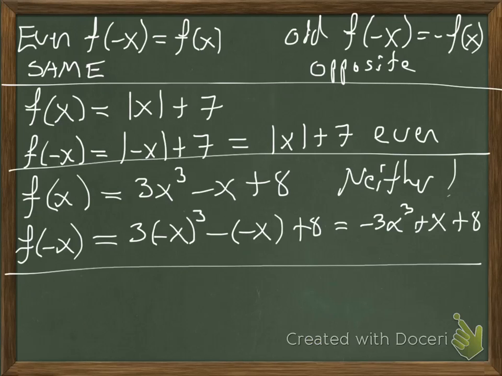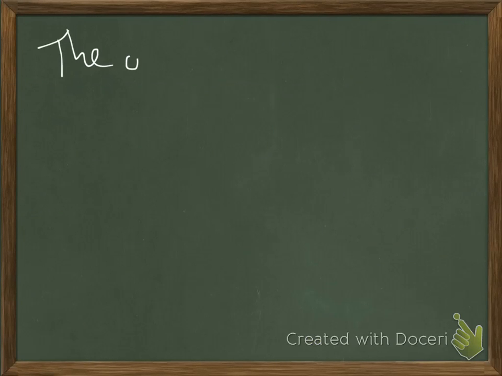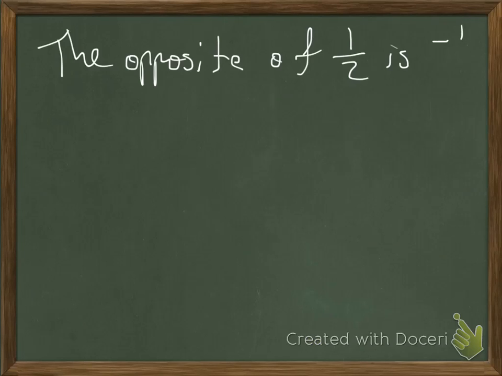And I think for good measure we should do one with a fraction. The opposite of 1/2 is going to be negative 1/2. And what you'll notice is that the denominator is the same. Only the numerator is different. Then only the numerator is opposite.